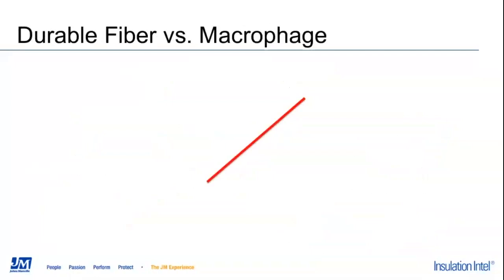We want to do for you a bit of an animation that shows what happens when these fibers are deeply respirable, and we'll show this first for a durable fiber, and then we'll show it for a soluble fiber. So if you get a durable fiber in the lung, the macrophages try to engulf the fiber.